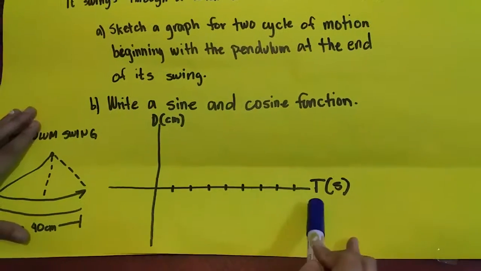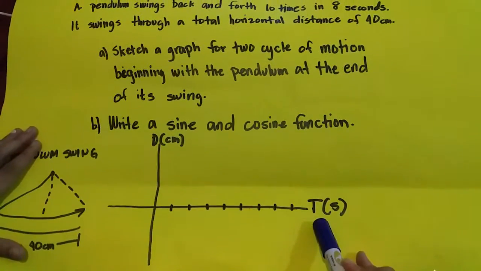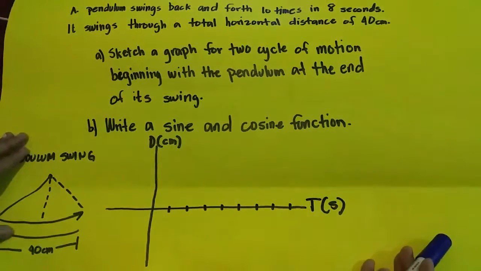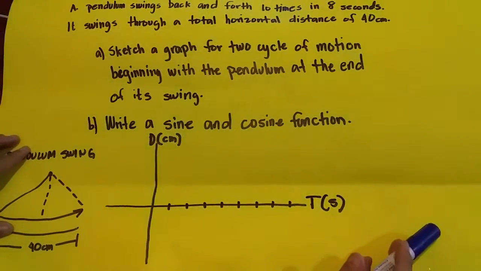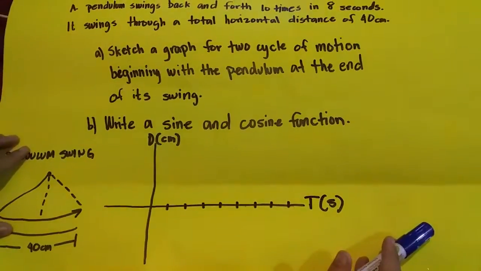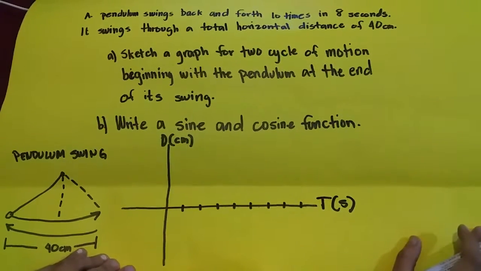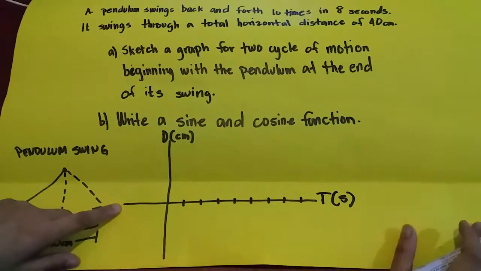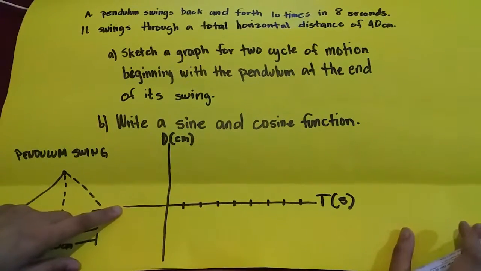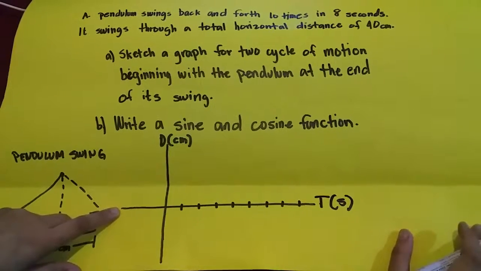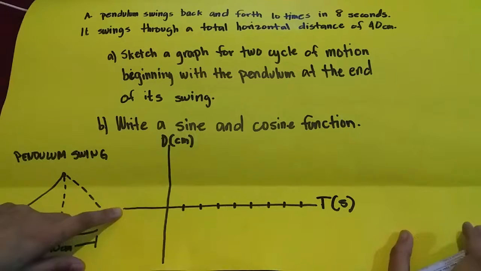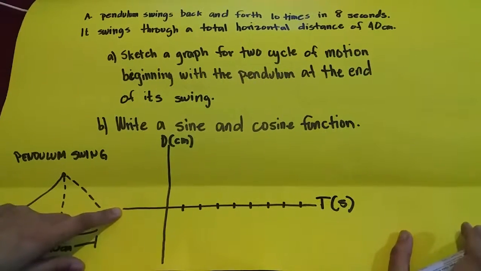This x-axis is our time, in seconds. Our y-axis has our distance, in cm. Assuming that our x-axis, our time, is our middle distance, and according to the problem, we have a total horizontal distance of 40 cm.